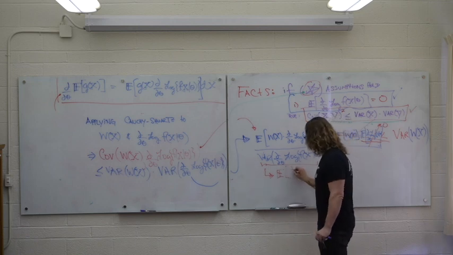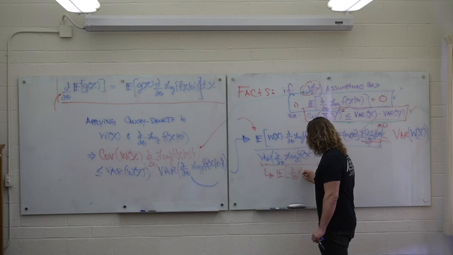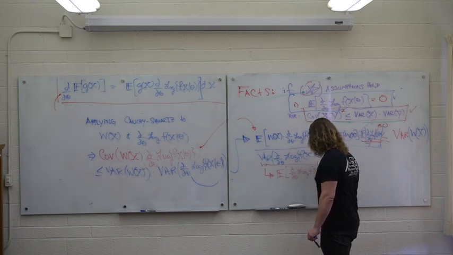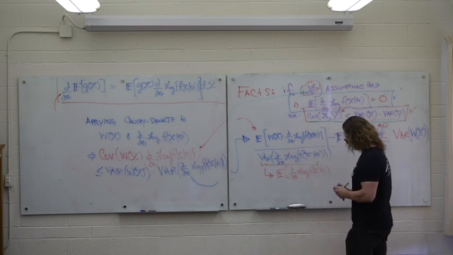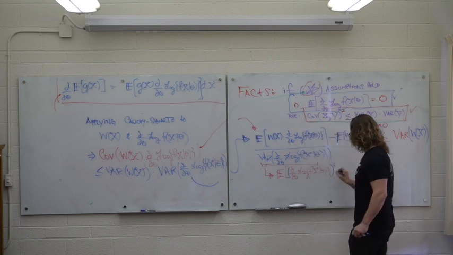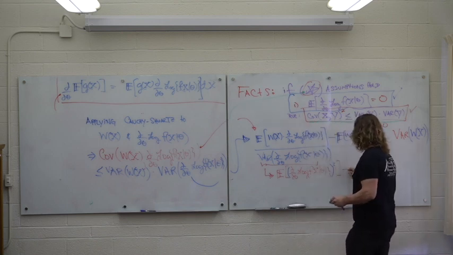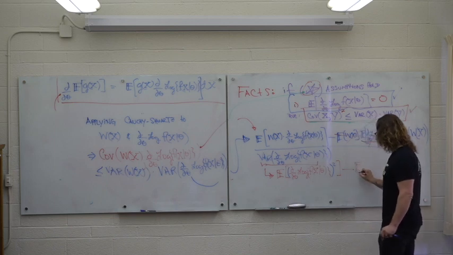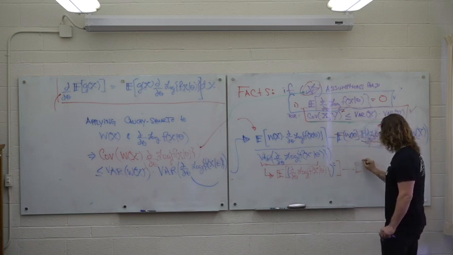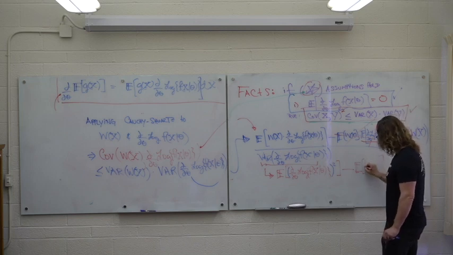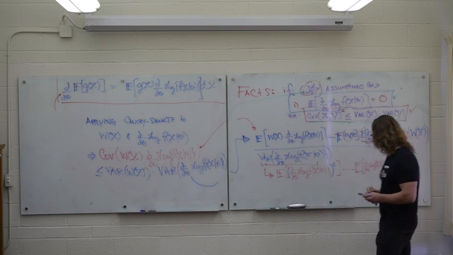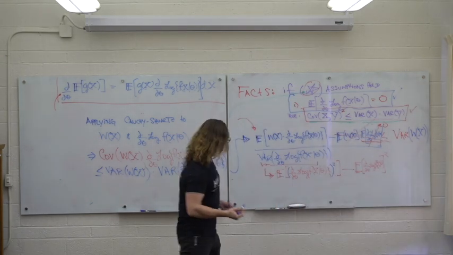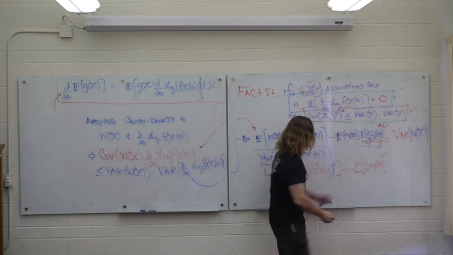This is going to be whatever this random variable is, f(x given theta) squared, minus expectation of derivative log f(x given theta) squared. And I know a name for that as well. That's 0.